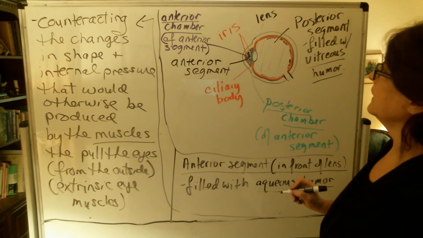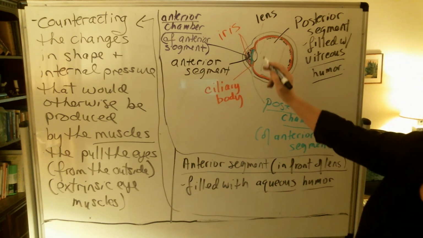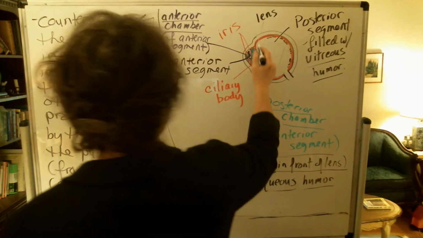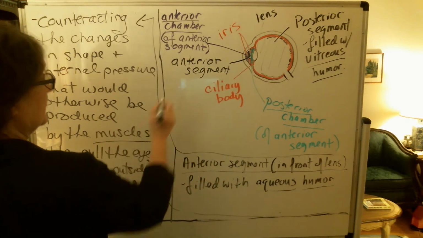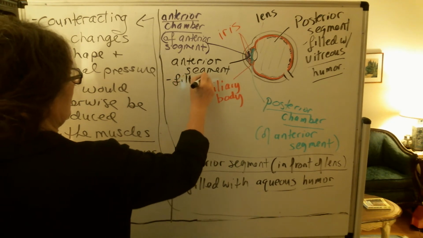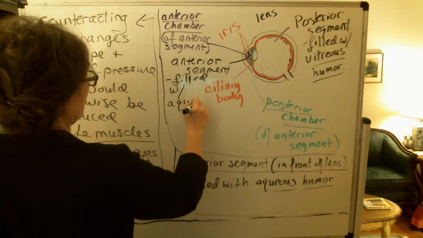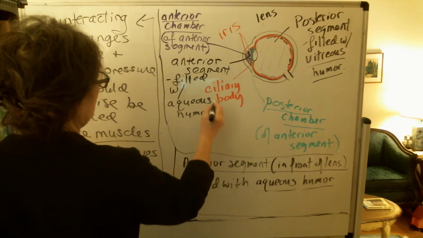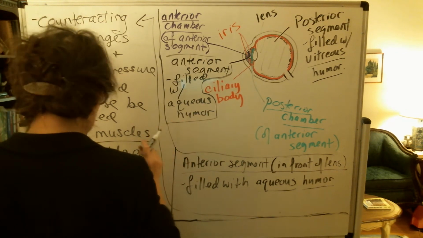Aqueous means watery, and that tells you then that this is a more watery substance. So here in the anterior segment, all this stuff in front of the lens then, this is filled with aqueous humor. There we go.